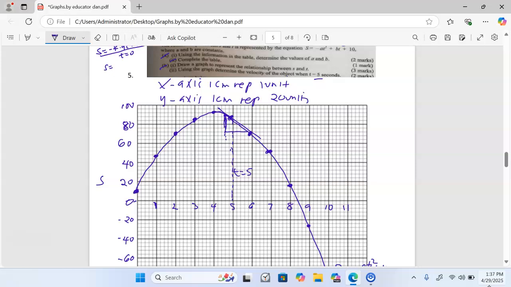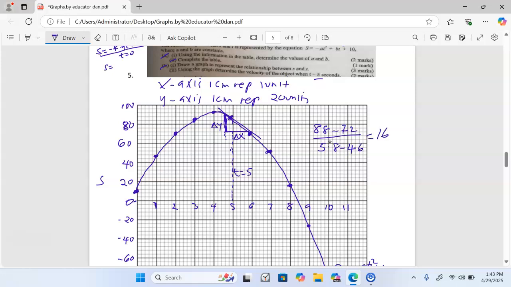From here I think I can get the gradient by taking the change in y divided by the change in x. So the two values here, we are going to have 88 minus the value here, this is 64, 68, 72, divided by, we pick the value here which is around 5.8 minus 4.6.